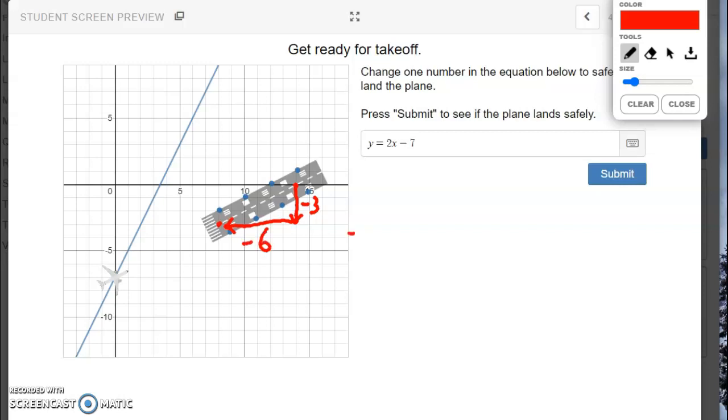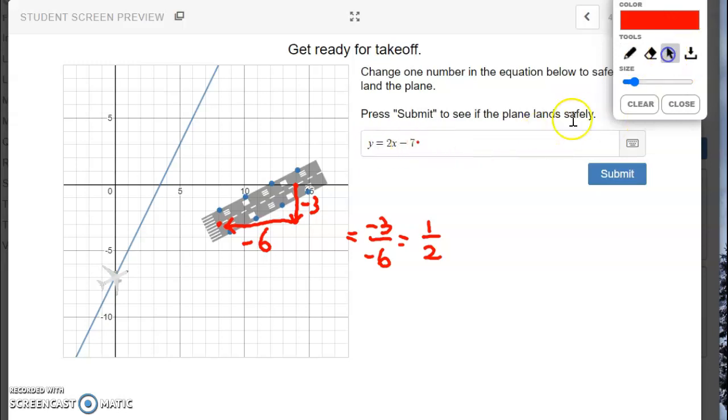The slope is rise over run, so negative 3 divided by negative 6 is indeed 1 over 2. So we want the slope of positive half. We don't want 2x, we want 0.5. Half is the same as 0.5, and I'm not sure about the y-intercept.